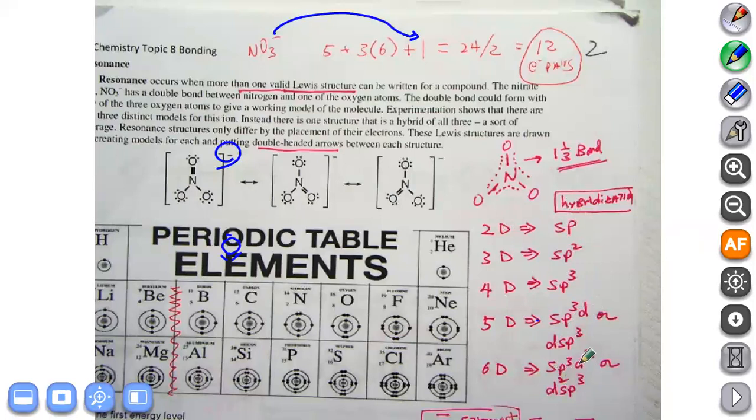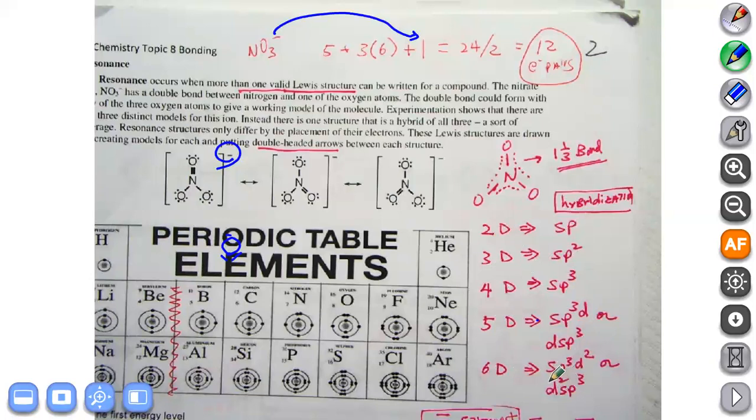We always say it's the hybridization around the central atom. That is what we will be concerned with. So 2 domains, 3 domains, 4 domains, 5 domains, 6 domains, it doesn't matter how many lone pairs you would have. If you have 2, sp; 3, sp2; 4, sp3; 5, sp3d or dsp3; 6 domains, sp3d2 or d2sp3.